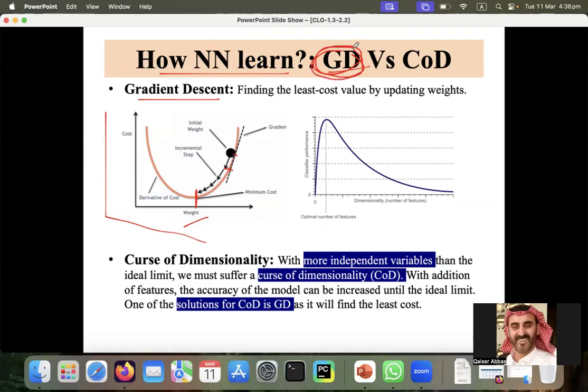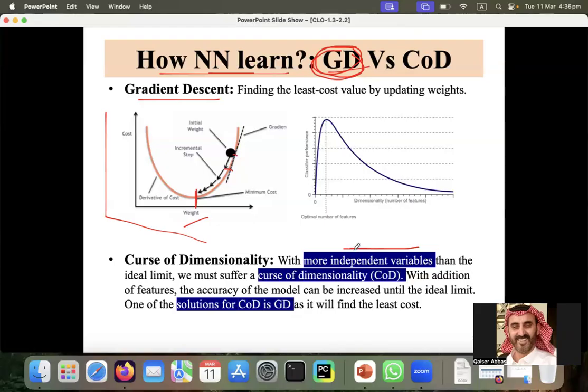Anyhow, we can use gradient descent in a neural network, because through it we can reduce the cost, or reduce the loss. But there is another problem if we have many independent variables. Independent variables means your inputs, and dependent variable means the output, the easy way to understand.